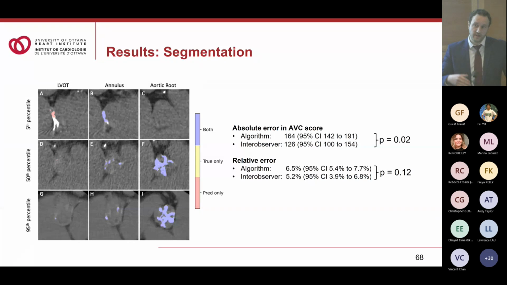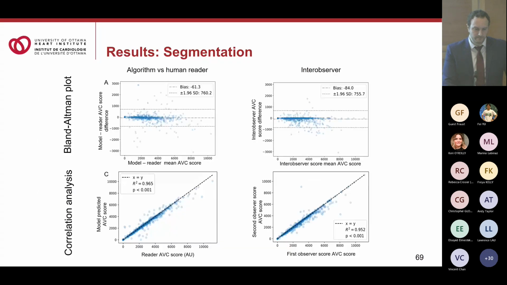And we also evaluated inter-observer accuracy, and we found that humans slightly outperformed the machine still at that level. So slightly better performance with the inter-observer reliability, and that's only in the absolute sense. Once you get to relative amount of calcium and relative error, there is no difference that we could find between the machine and the human.